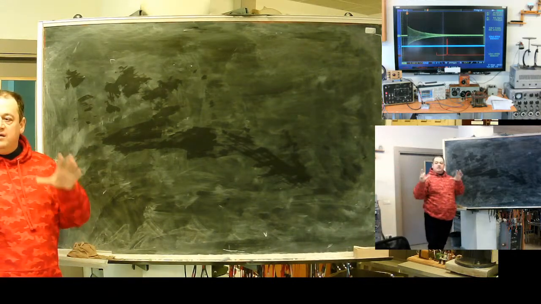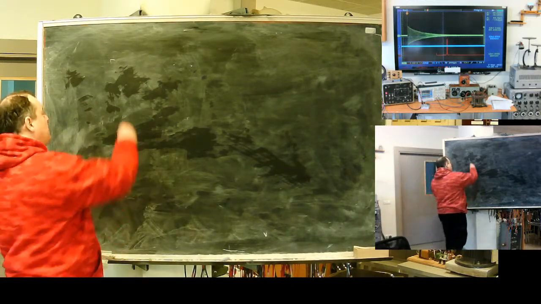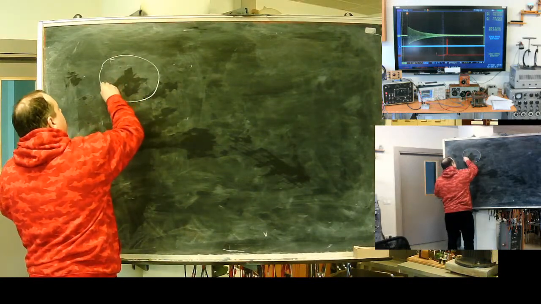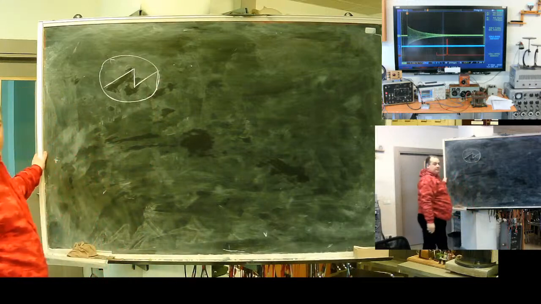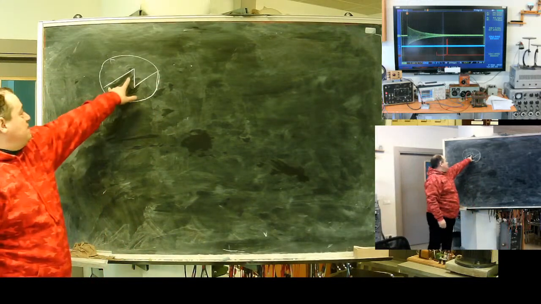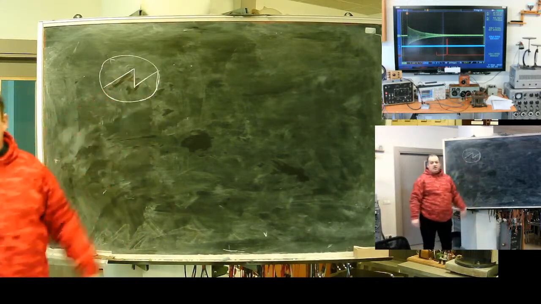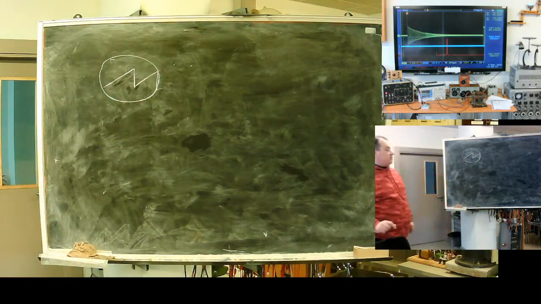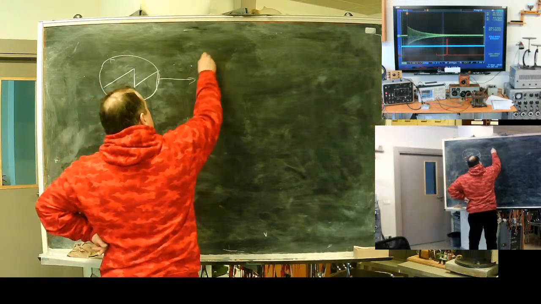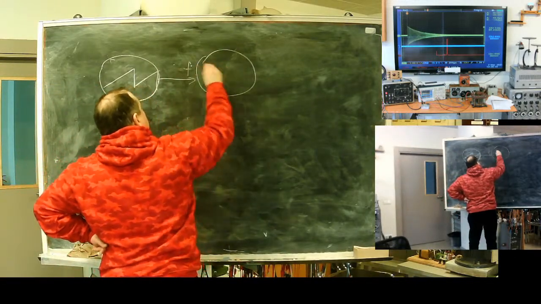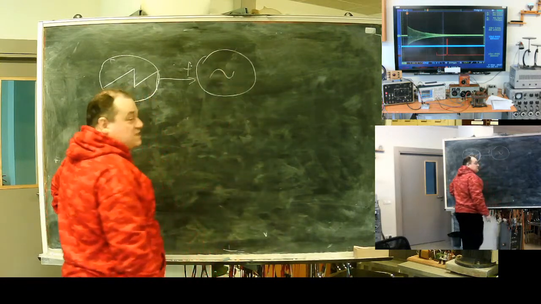The idea, which I will draw in a figure: if we take a generator of voltage like this, at this stage voltage will be proportional to time. Let's take this voltage and use it to control the frequency of a harmonic signal generator.